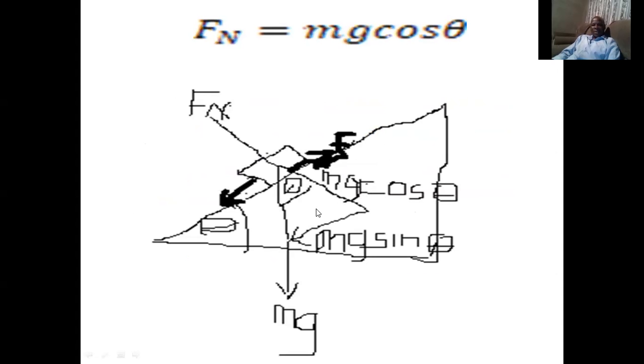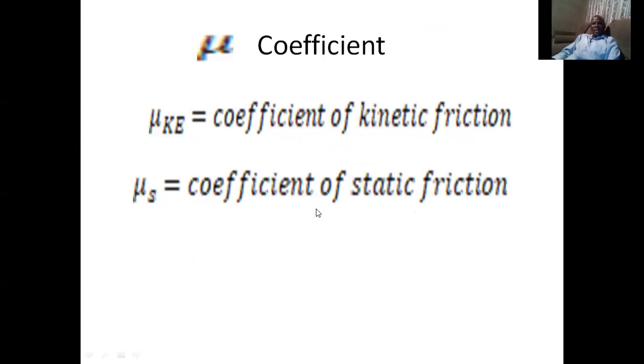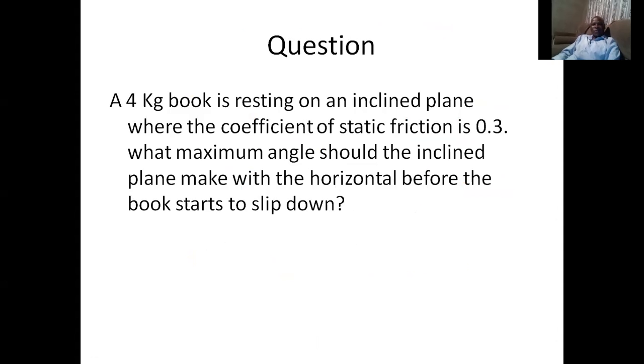Now we want to apply what we have learned so far to a scenario. We have a question here. A 4 kg book is resting on an inclined plane where the coefficient of static friction is 0.3. What maximum angle should the inclined plane make with the horizontal before the book starts to slip down?